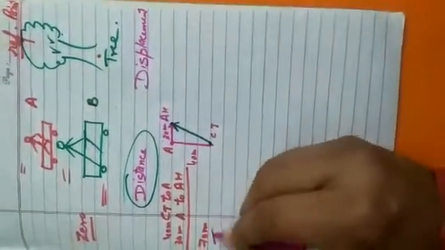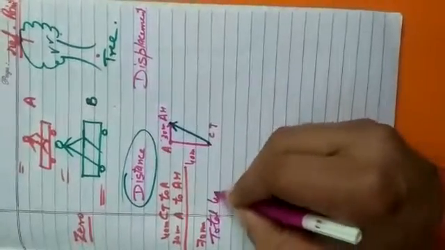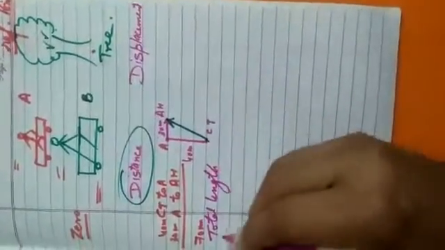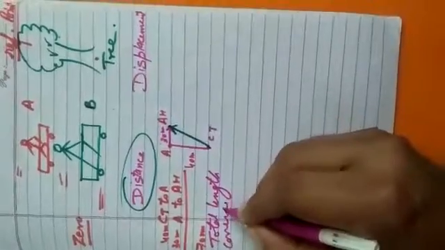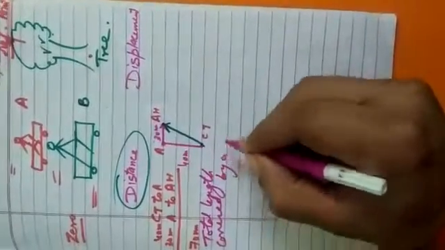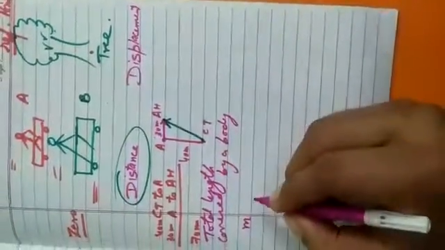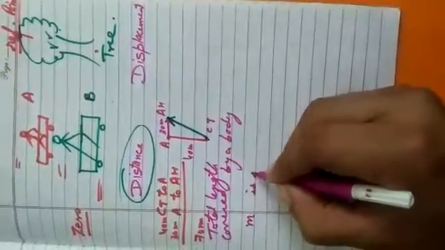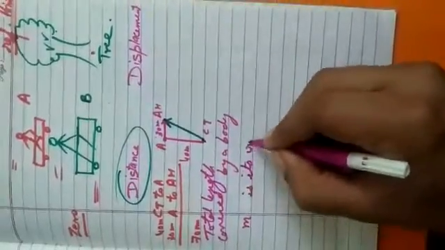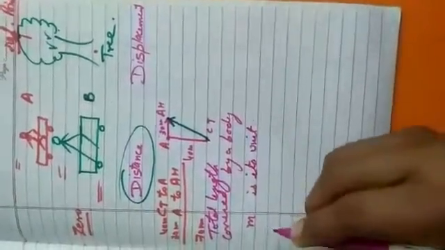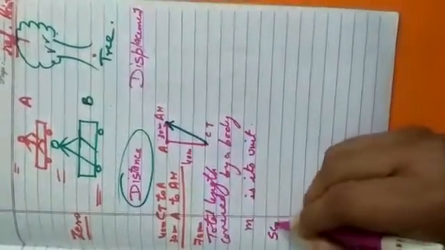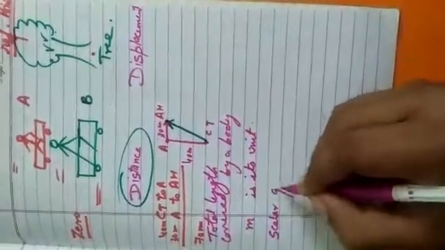Distance is the total length covered by a body. It is always taken in meters, that is, meter is its unit. And we don't require any direction for this, that is why it is called a scalar quantity.